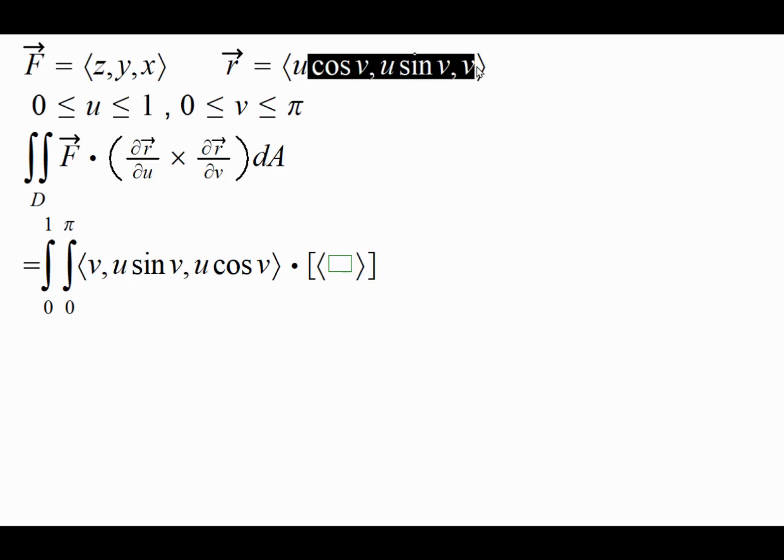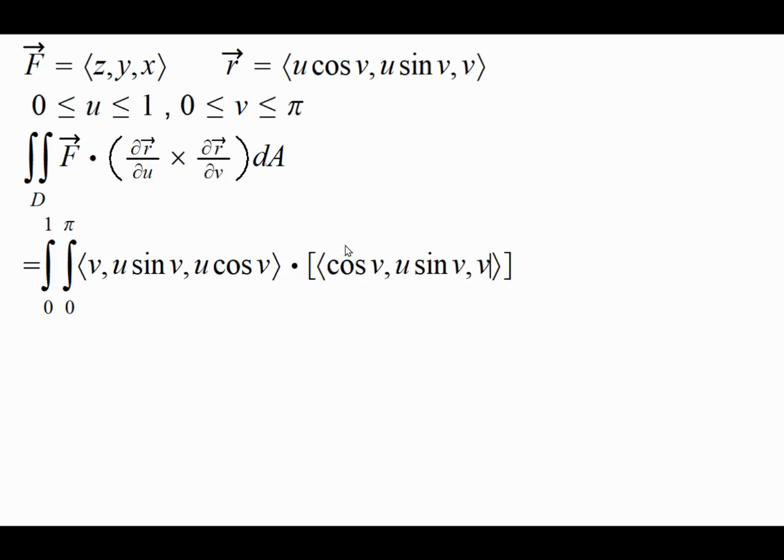That will simply be: the derivative of u cosine v with respect to u is cosine v, that of u sine v is sine v, and that of v is 0. Then we go for the cross product here.